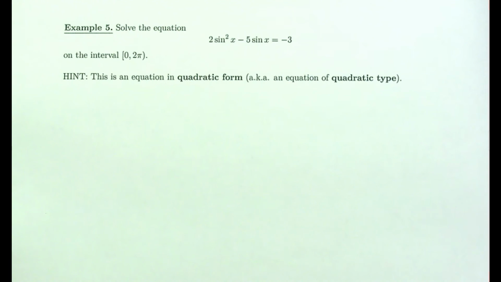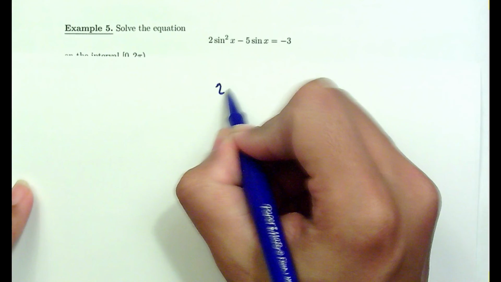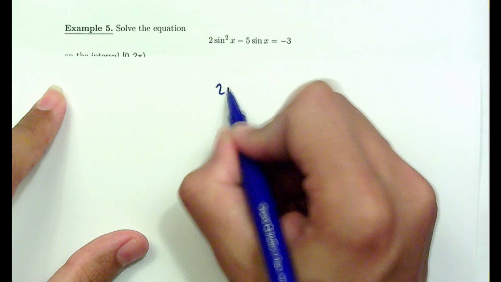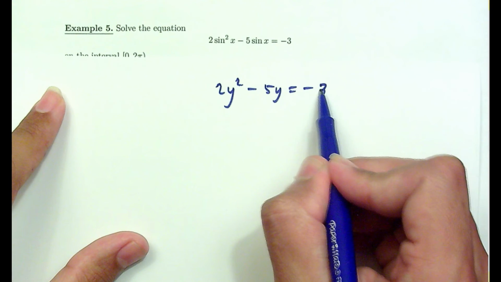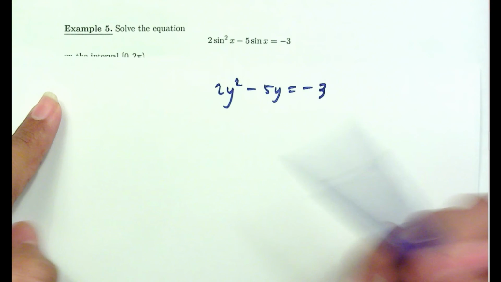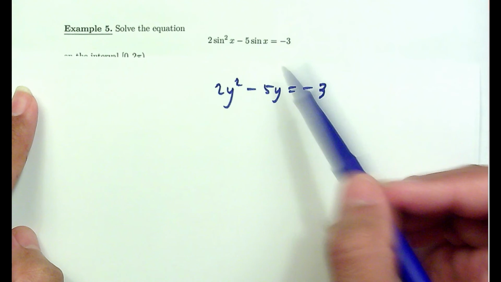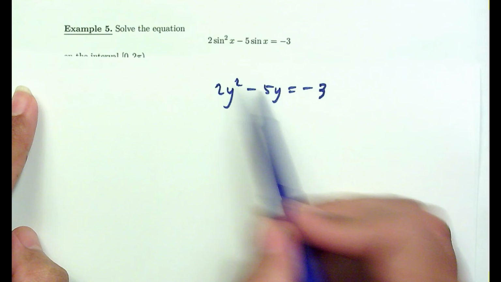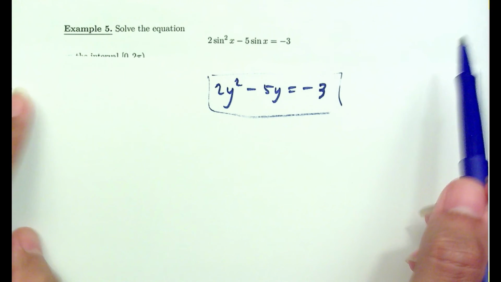So this equation would be solved in a very similar way to how you would solve 2y squared minus 5y equals negative 3. Because the sine of x is like our unknown. It's actually our unknown, so it's like a variable. So if you know how to solve this one, then you can solve this one similarly.